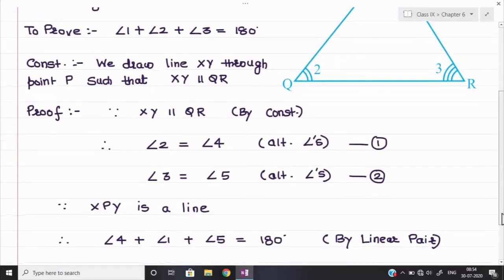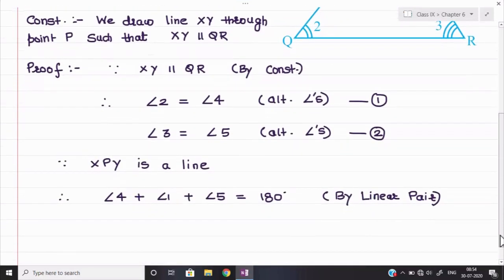Angle 4, you observe, is equal to angle number 2 and angle 5 is equal to angle number 3. So I can say that in place of angle 4 I will put angle 2, angle number 1 as it is, and in place of angle number 5 I can put angle number 3. So this change I have done with the help of equation first and second.